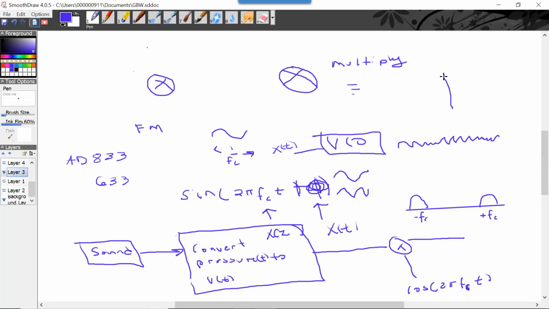What it is, that delta function of whatever frequency you're at is moving back and forth depending on whatever X of T is. And then that goes into the antenna. So that's the first part, transmission.